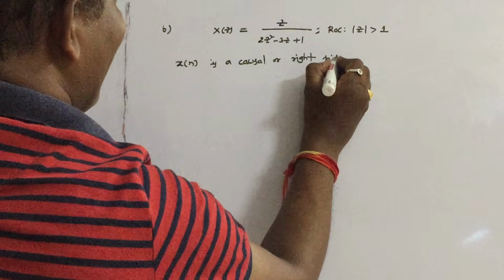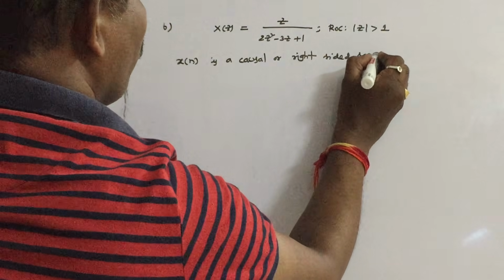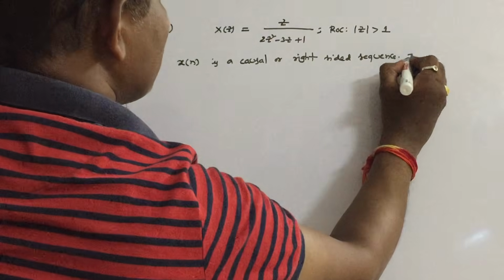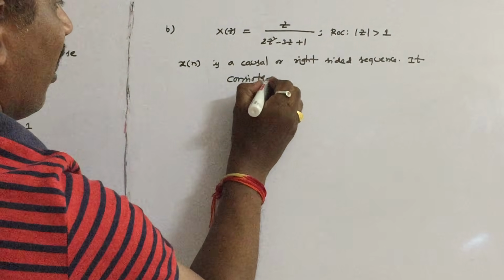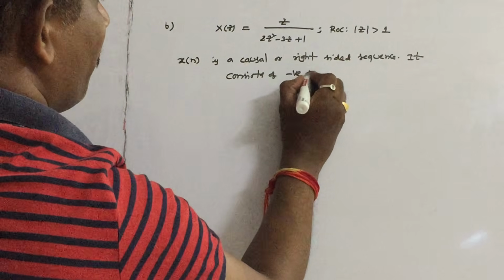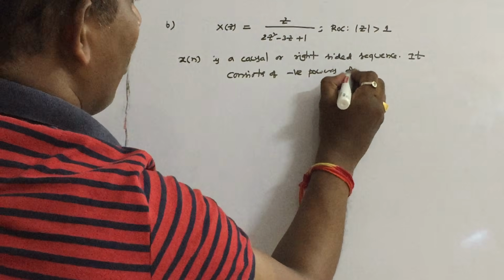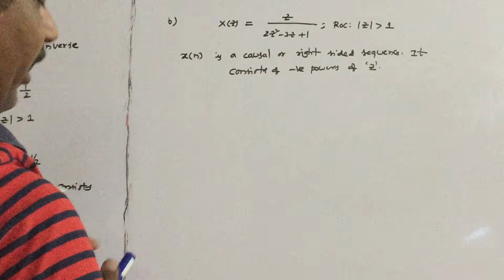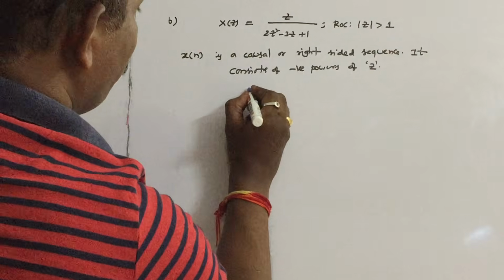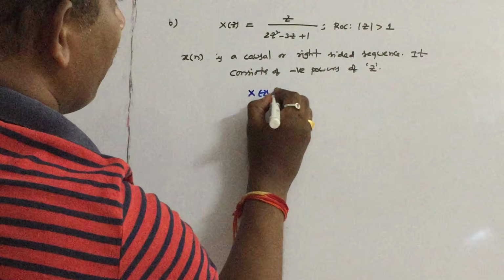Causal or right-sided sequence. So what does it consist of? The causal sequence or right-sided sequence consists of negative powers of z. So therefore first convert it into standard format. So first divide numerator and denominator by z square.